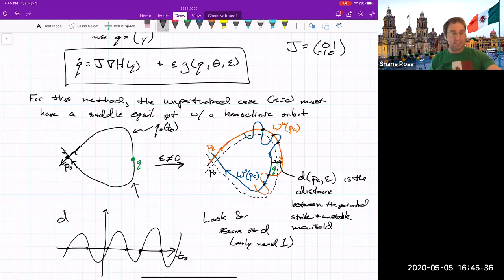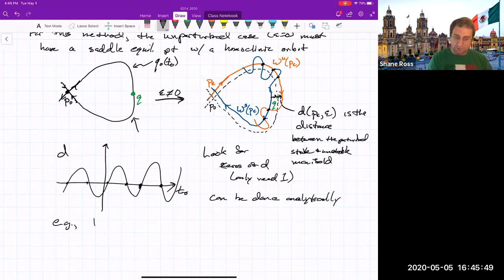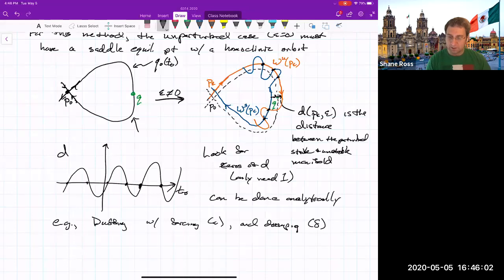So you often can find this analytically. This can be done analytically for some problems. So for example, the Duffing system with forcing epsilon and damping, if you remember, that was delta.